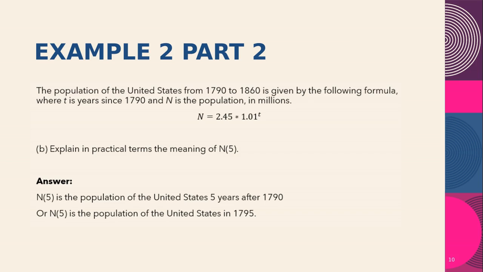So you can start writing down, n of 5 is the population of the United States. And you need to add something about 5. So you will write it down, n of 5 is the population of the United States 5 years after 1790. Or the other way you can answer this question is n of 5 is the population of the United States in 1795.